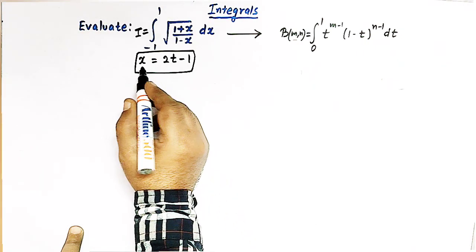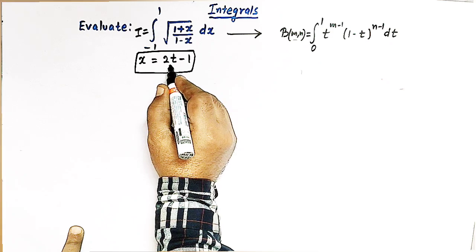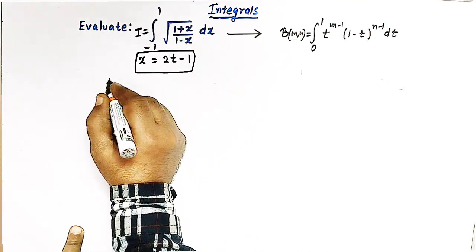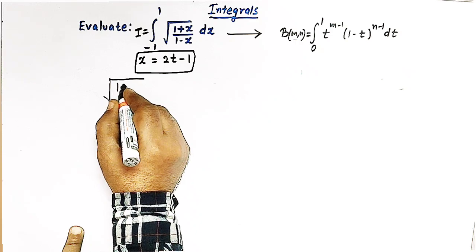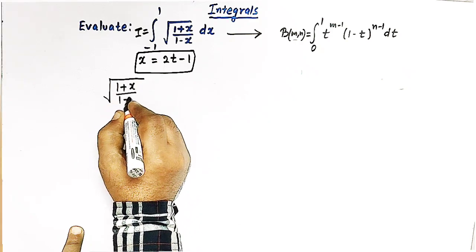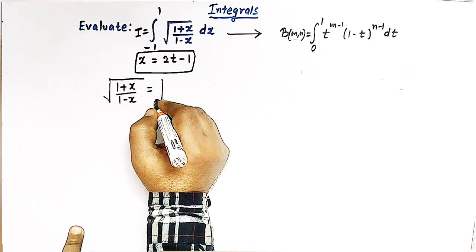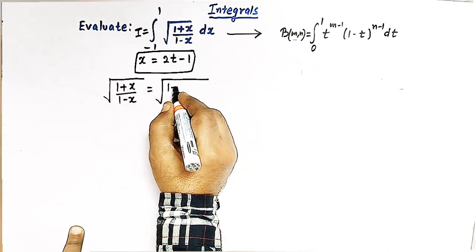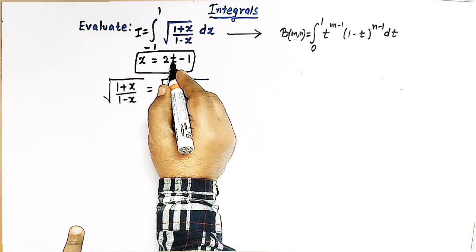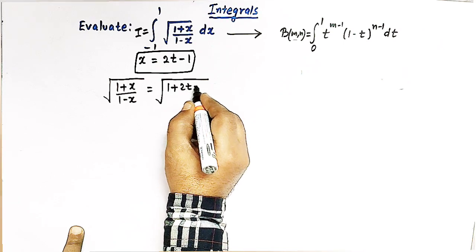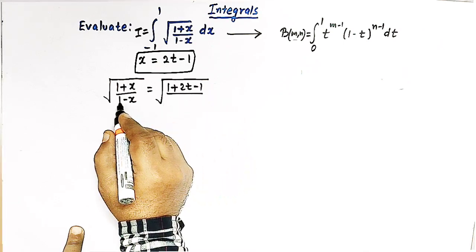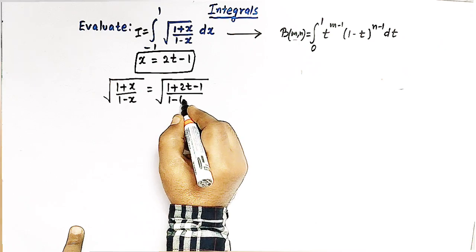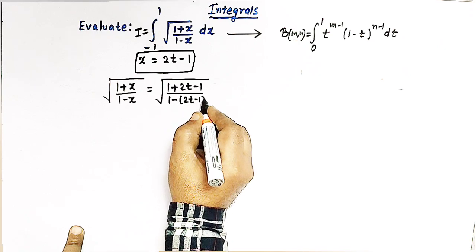Now when we take x equal to 2t minus 1, the integrand, the square root of (1 plus x) over (1 minus x), reduces in terms of t like this. For 1 plus x we can write 1 plus 2t minus 1, and for 1 minus x we can write 1 minus (2t minus 1).